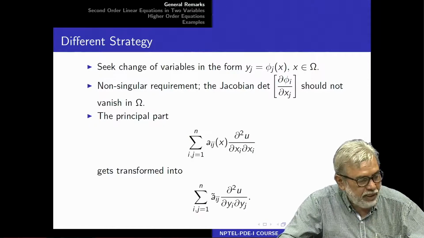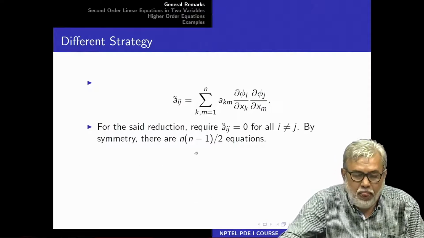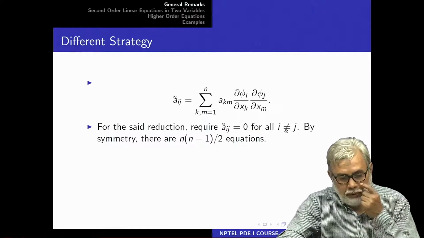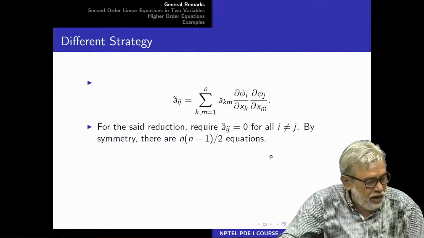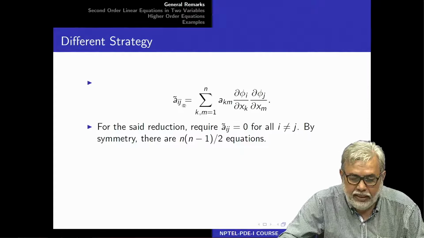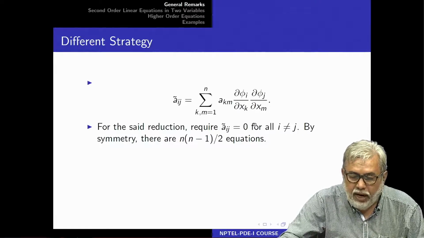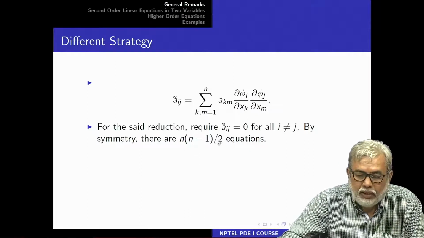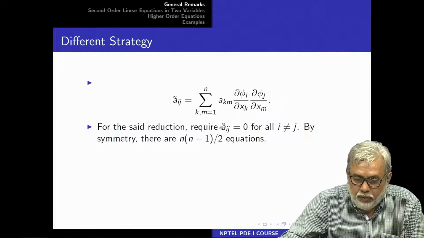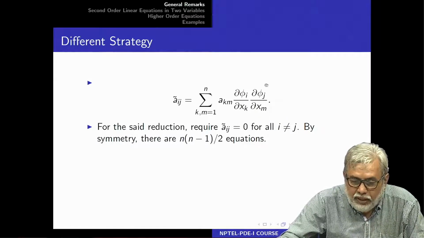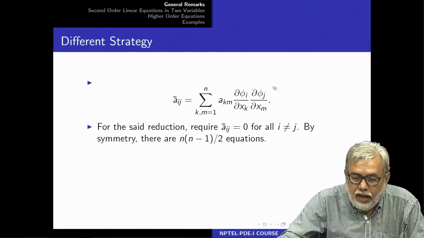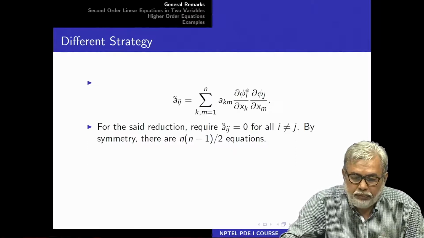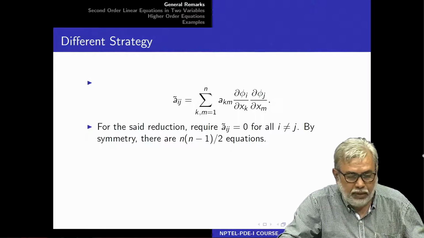So, at least the first requirement is that, if possible, we want a_ij tilde to be 0 for all i not equal to j, and since these are symmetric, a_ij tilde equals a_ji tilde, just count them, there are n(n-1)/2 equations. These are the equations for the phi_i's we want to find out.